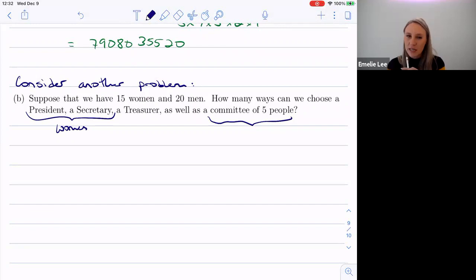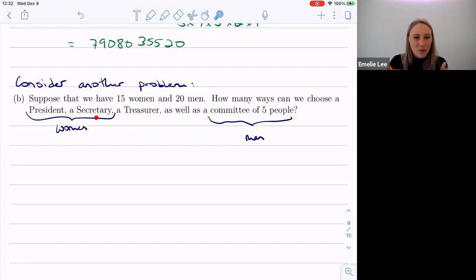Okay, why am I hesitating? How do we tackle this? If we're forcing this to be men, that's fine.